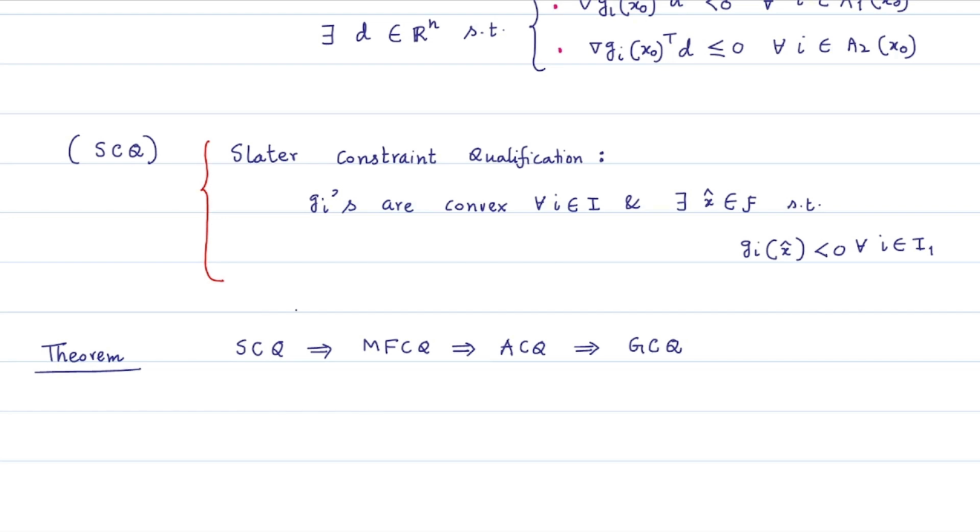Therefore if the point x naught is a local minimizer of a constrained optimization problem, and at x naught any of these four constraint qualifications is satisfied, then as all of them imply the Guignard constraint qualification, the point x naught being a minimizer plus a constraint qualification among these four conditions will imply that x naught is a KKT point of the constrained optimization problem.